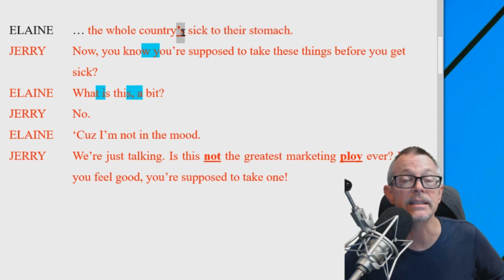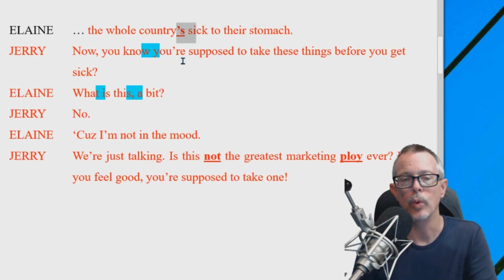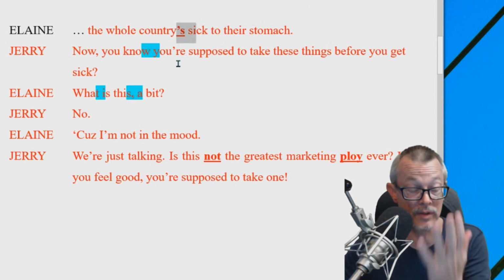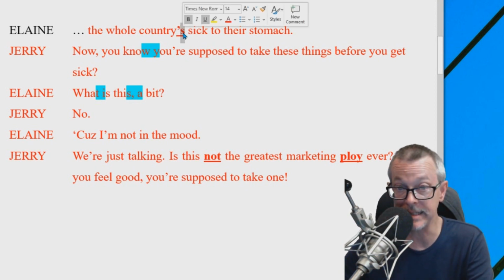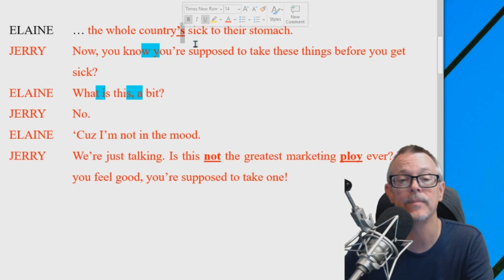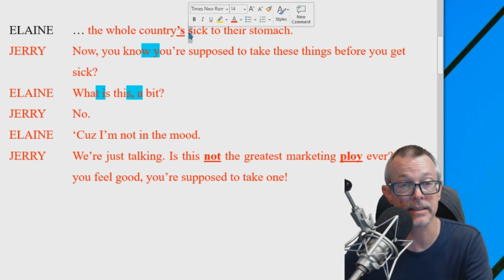Country's is a contraction. Country's sick. And we know the pronunciation rule is when we have two sounds that are the same or similar. Now, this is a Z, country's, sick. This is an S. So the Z and the S are similar sounds.